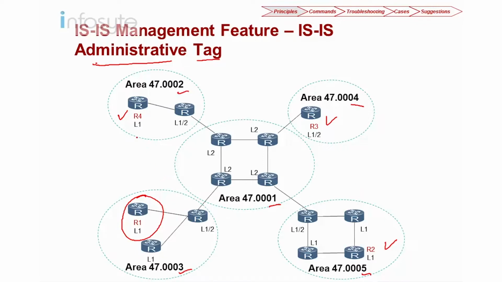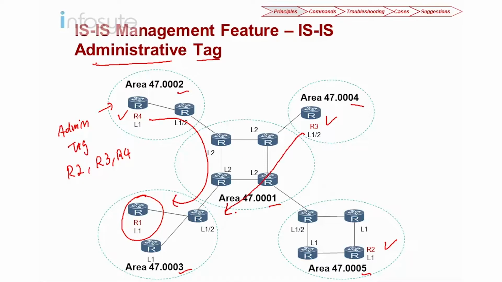Now what you can do over here is configure the administrative tag on R2, R3, and R4. Once you tag this prefix, this information will be sent to this router.